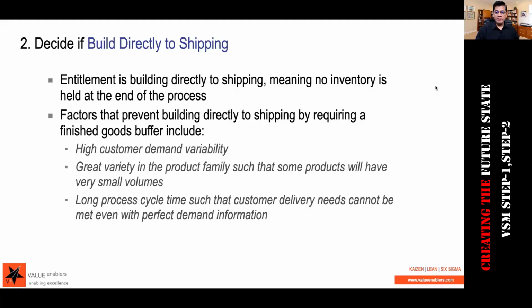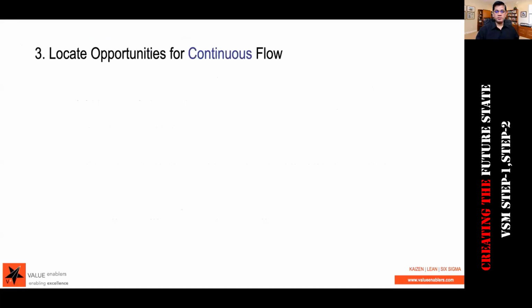That the customer delivery needs cannot be met with perfect demand variations. So these are the few points for thought process. I have not written all points. You can write minimum order quantity, you can write supplier issues, you can write anything. Competitive market, he said, okay, that's a general statement. I wanted to understand it better, how it builds the inventory.